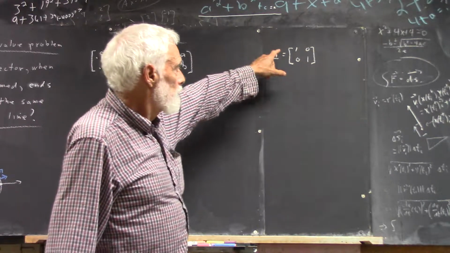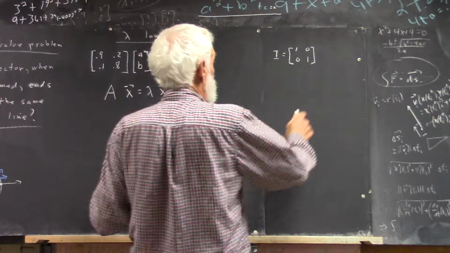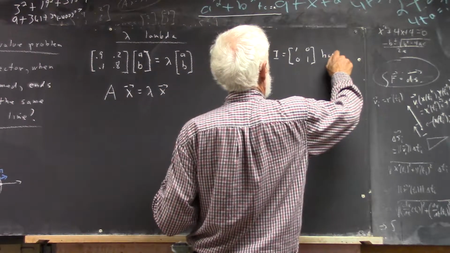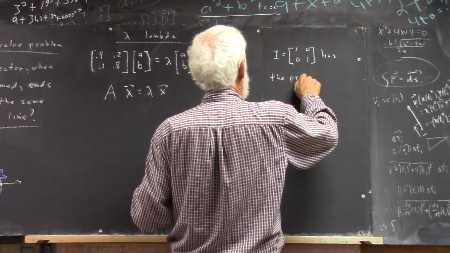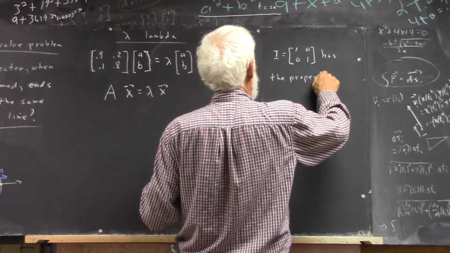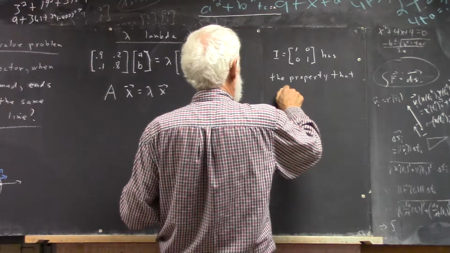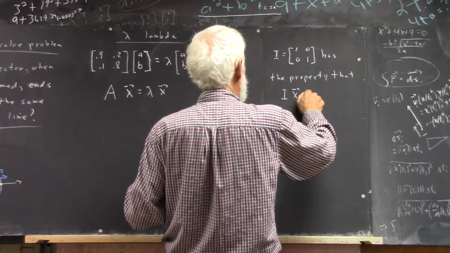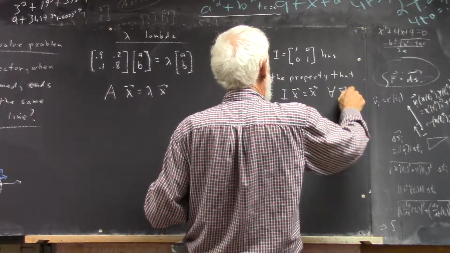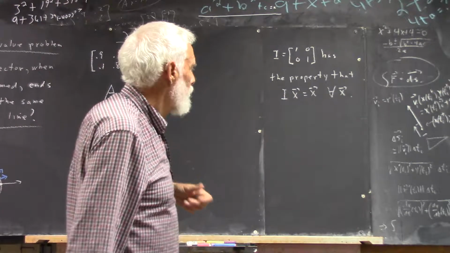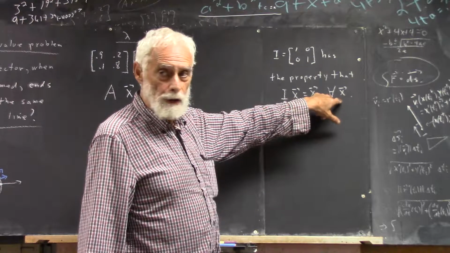The identity matrix I times x equals x for any x, for all x.